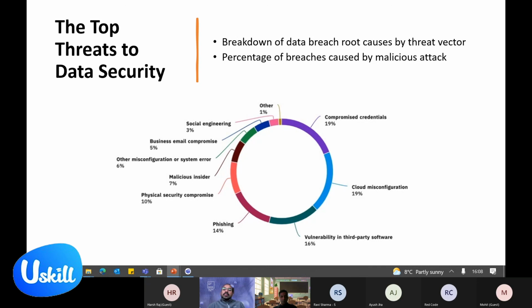So basically, these are the top threats looming large over every organization. As a security professional, if you come across any of these, you should be very much aware of it, and at least inform the owner of the data and the people you are coordinating with that these are the most important things.